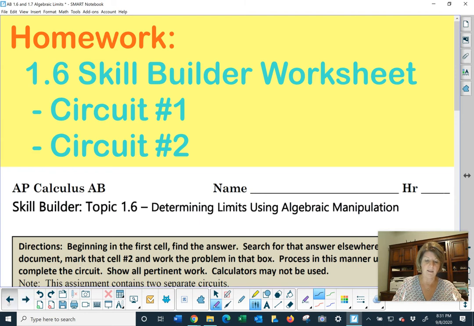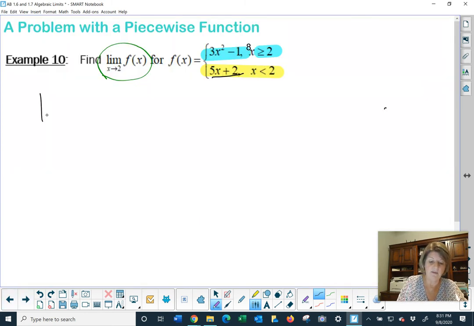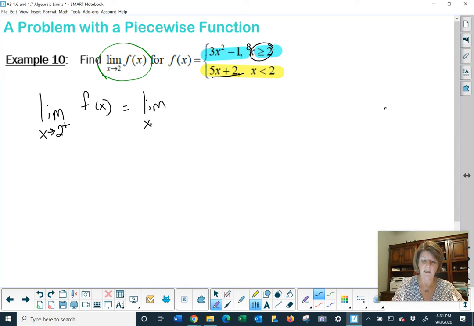So what I need to do is evaluate the limit as x goes to 2. Let's choose from the right side first of f of x. And that means I'm going to be following the top rule because I'm bigger than 2.